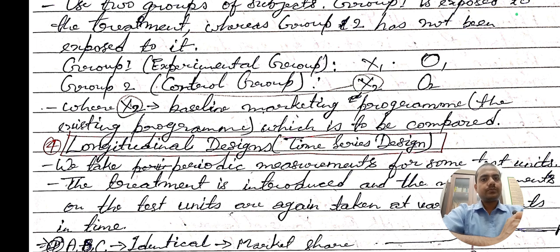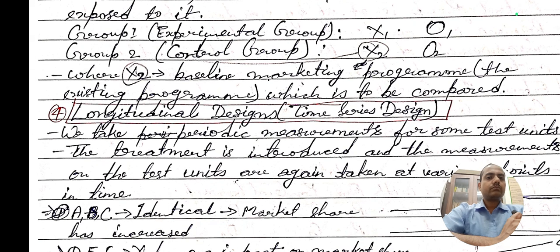So we took two groups, experimental group and the control group, and we provided treatment on the experimental group and then observed its effect. And on the control group, we did not provide any kind of treatment and then observed. So here we compare the two groups after treatment. In the first case it was treated with some cause, and in the second case, we did not provide any kind of treatment, and we compared those two.